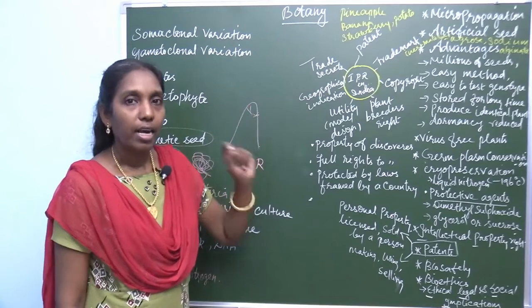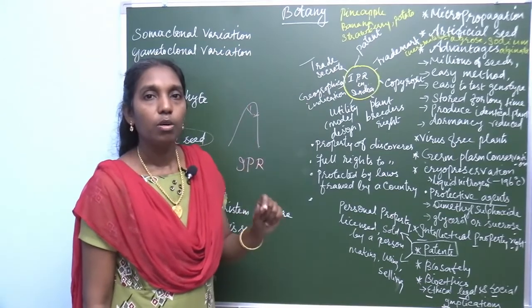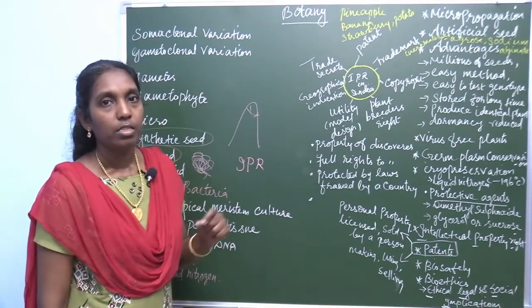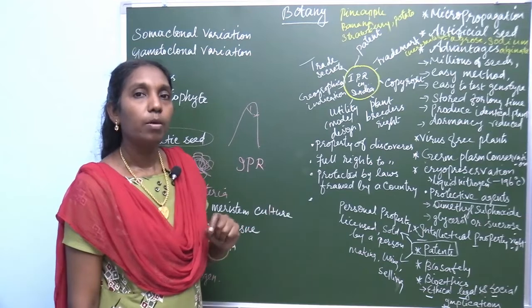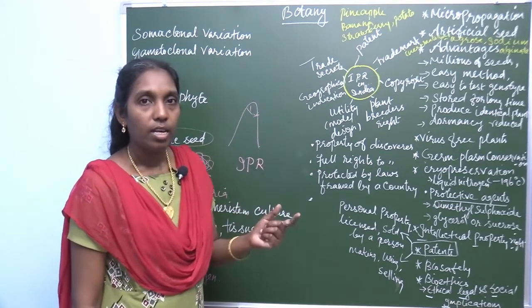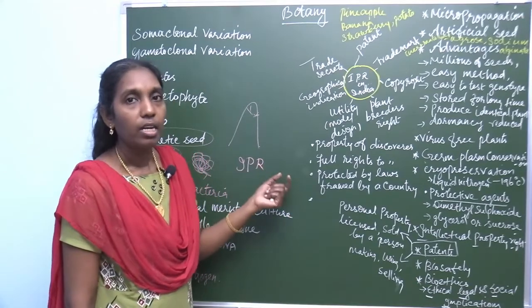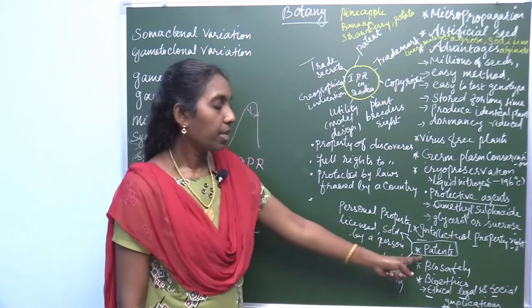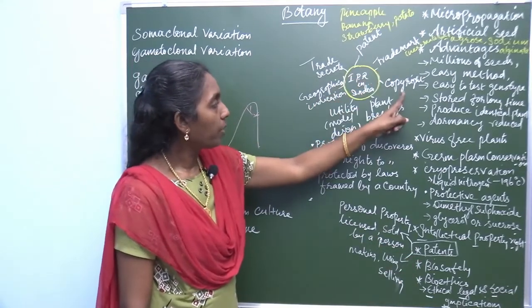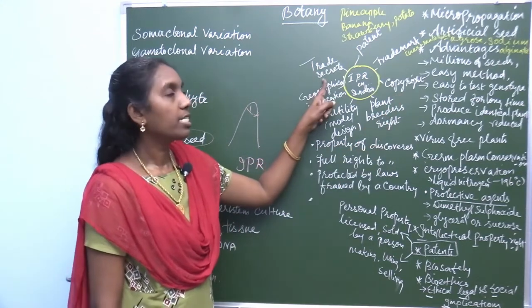It's the right given to the particular person who invented the particular product. They have the right to sell, copyright and give license, that is patent. So it includes patent, trademark, copyright, plant breeders right as well as trade secrets.